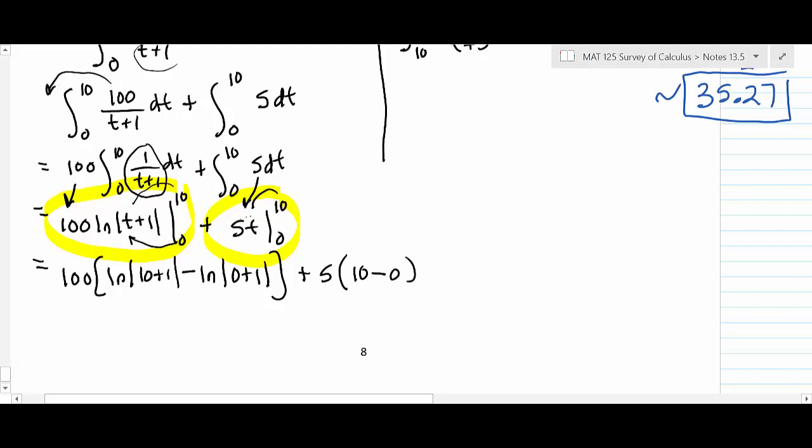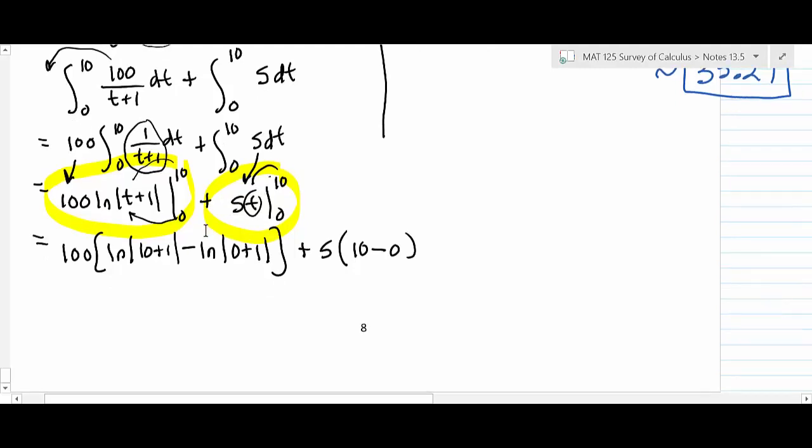The 5 is a constant, so what you're doing is plugging in the 10 and then the 0. That's how you evaluate the integral. If you work this out, we're going to have 100 ln of 11 minus ln of 1, and then 5 times 10.